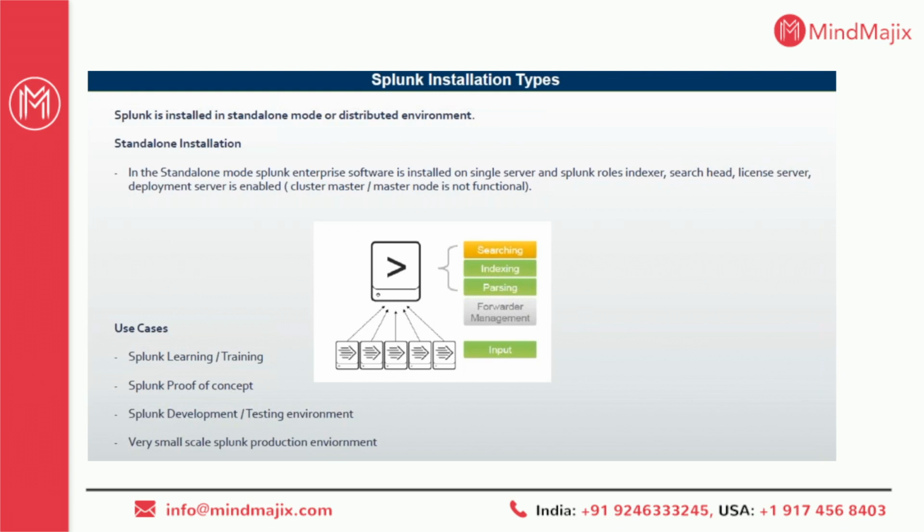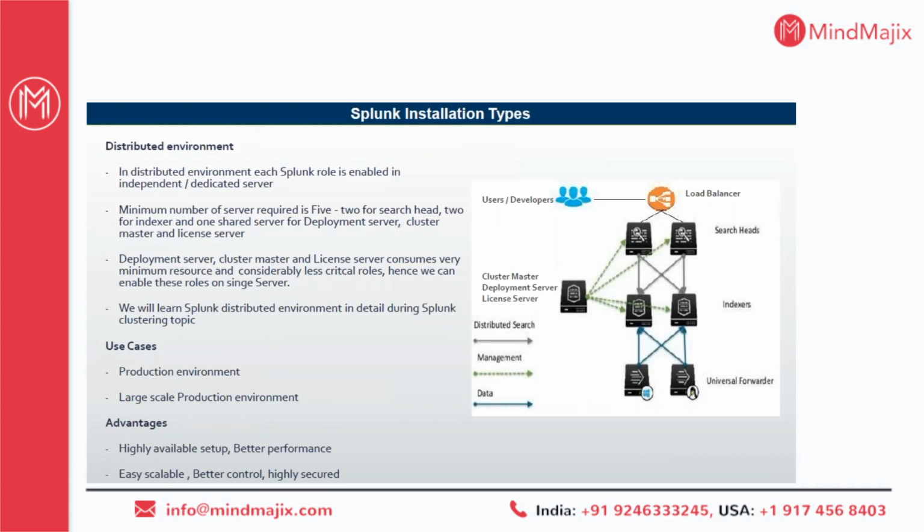But when you get into a production grade environment, with multiple developers and users on your Splunk setup, you cannot run your Splunk environment on a single machine. You need multiple nodes to serve your analytical workload.